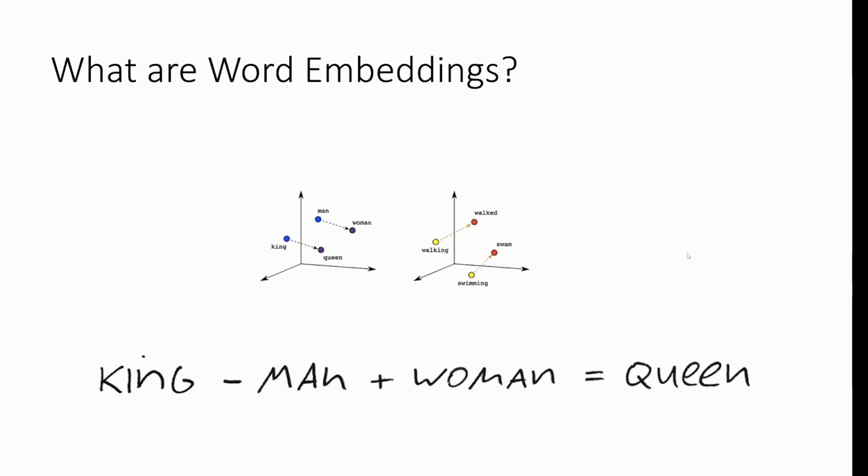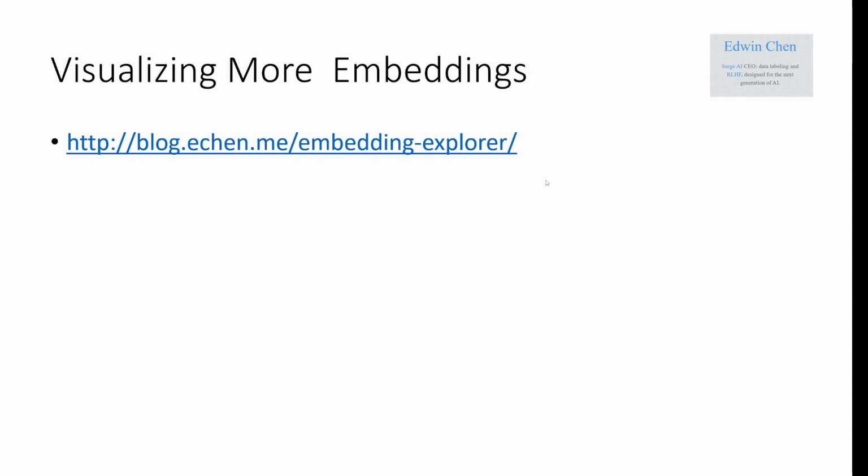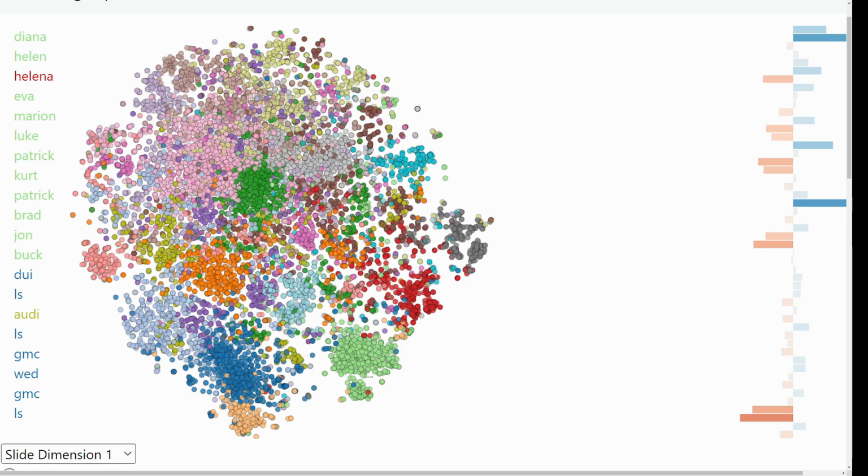So let's take a look at some more words in this high dimension space. This is an interactive visualization tool created by Edwin Chen of Surge AI. It's a very cool and useful tool that demonstrates the high dimensionality of embeddings, not just neural net created ones.